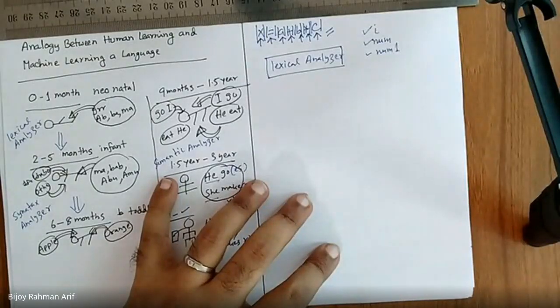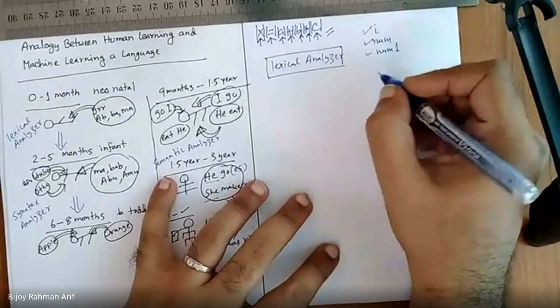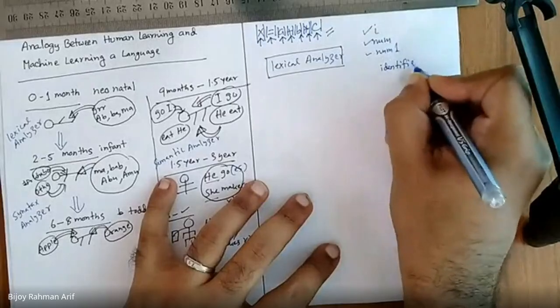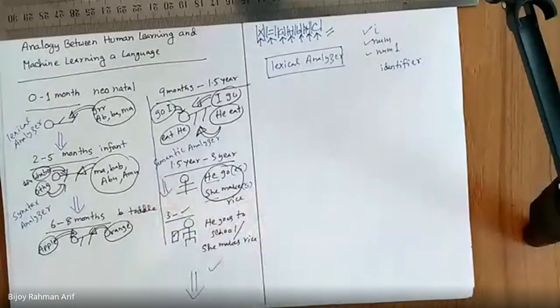Do you know what those are called? Variable. No, in compiler terms those are called identifiers. Okay. So grouping this same kind of thing together is called tokenizing. Okay, is it clear to you? Yes, it is called tokenizing.